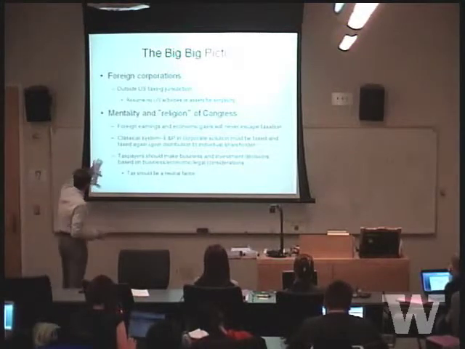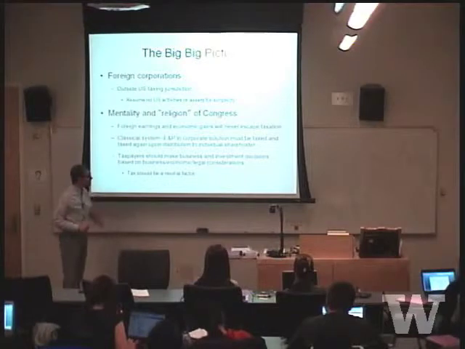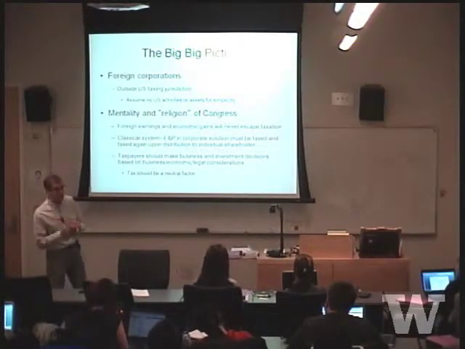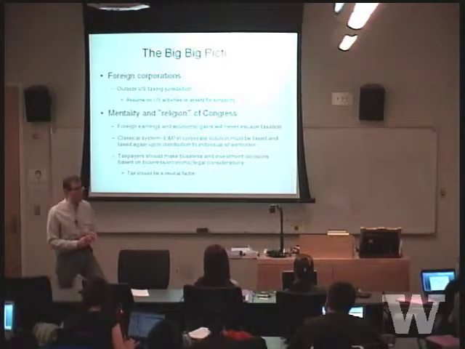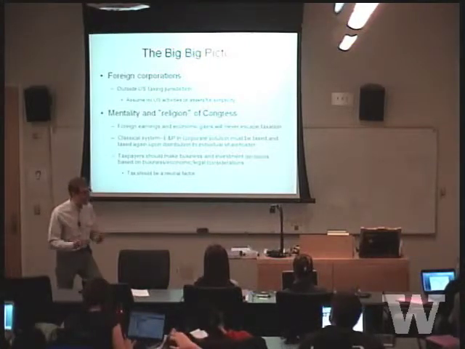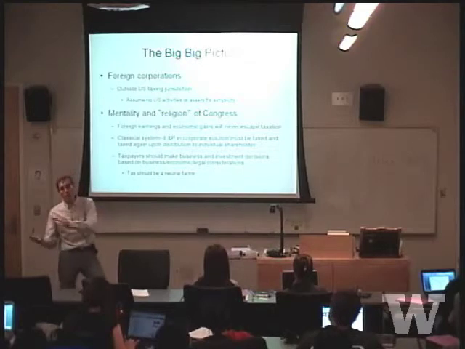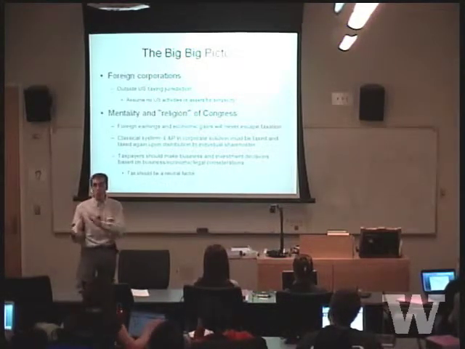Now, another guiding part of the religion of Congress is that you, as a business person, or as a company, or as a taxpayer, should be making decisions independent of taxation. Do I form a foreign subsidiary, or do I operate through a branch?